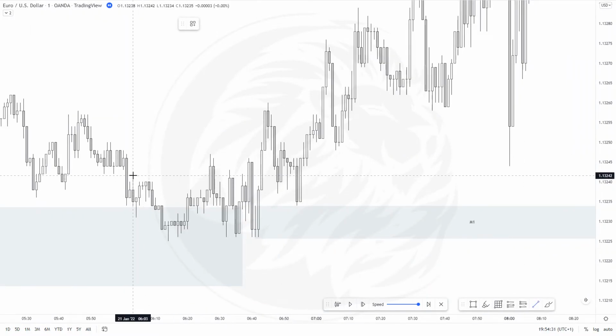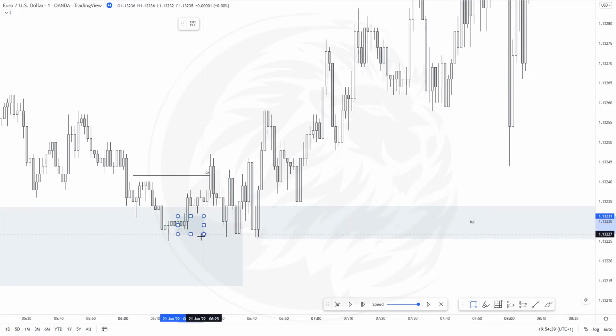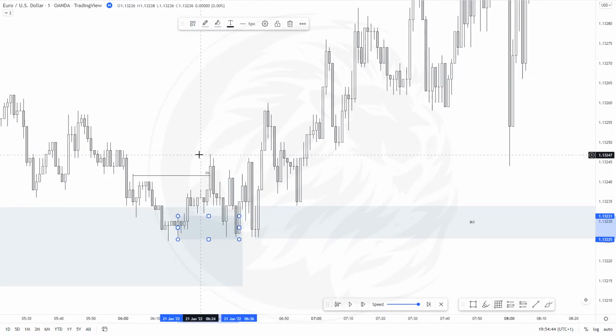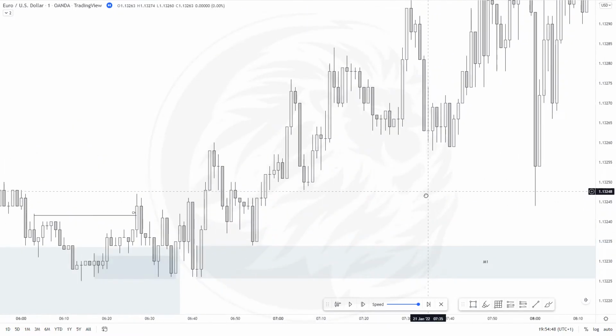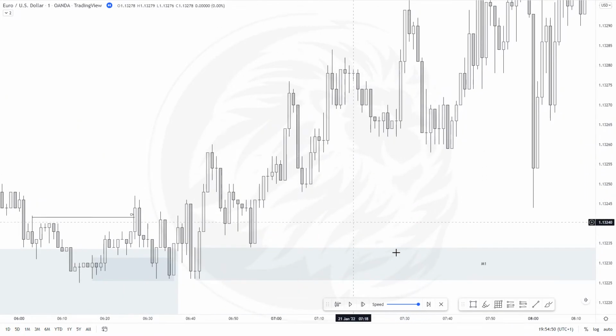So here we have a little push to the upside. Price follows the demand here. Price breaks structure, follows the demand here. Price breaks structure.